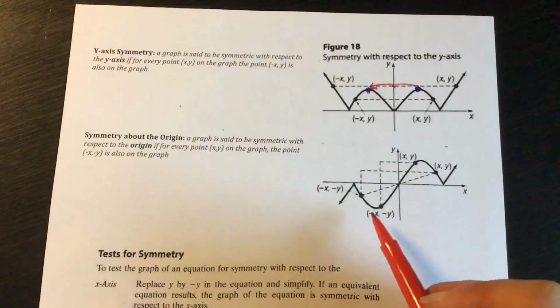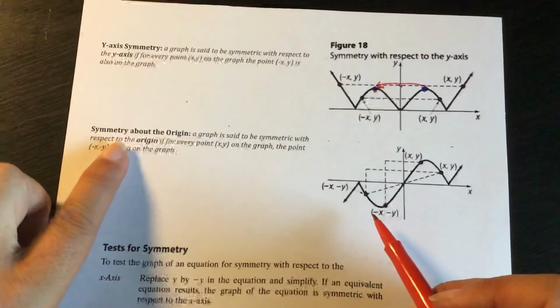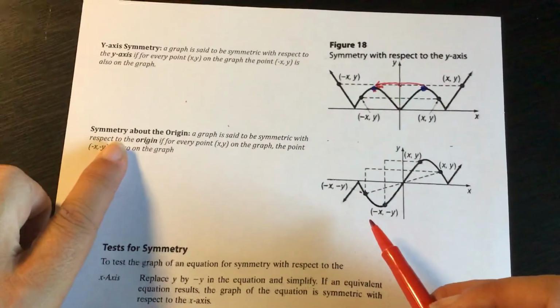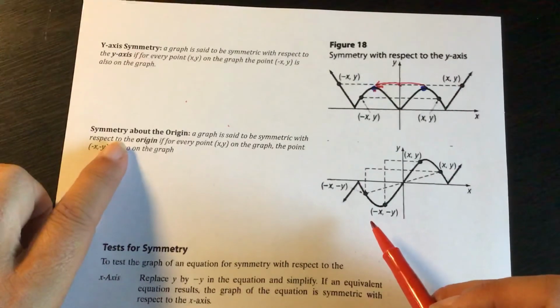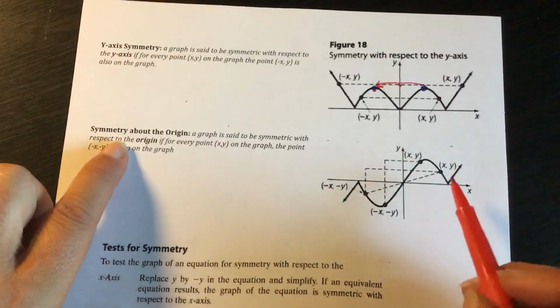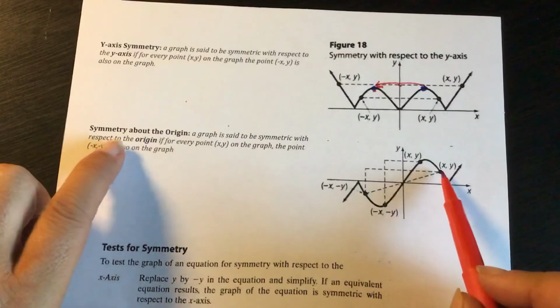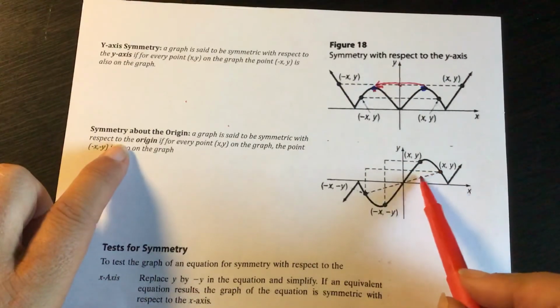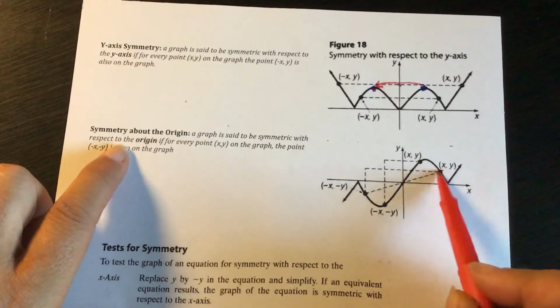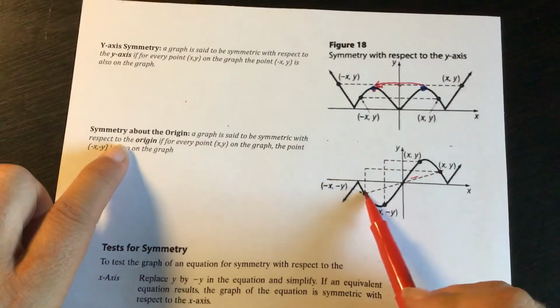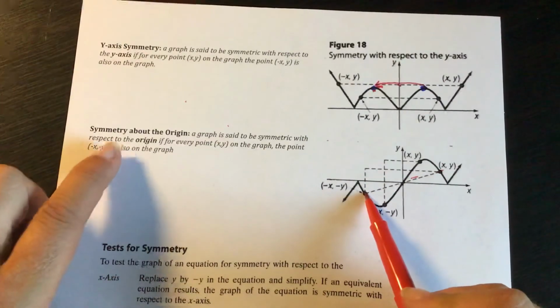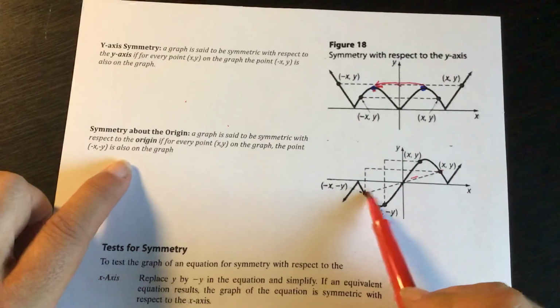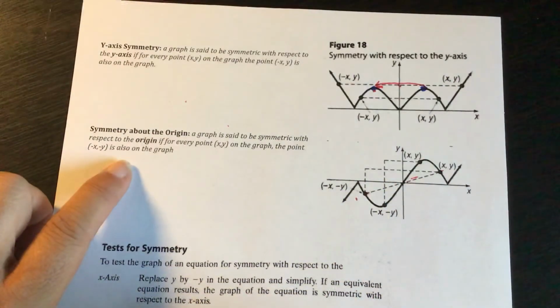Then we have symmetry about the origin. And if we're talking about symmetry about the origin, we're talking about a point that goes through the origin, and in that line has a point that is the same distance away from the origin.